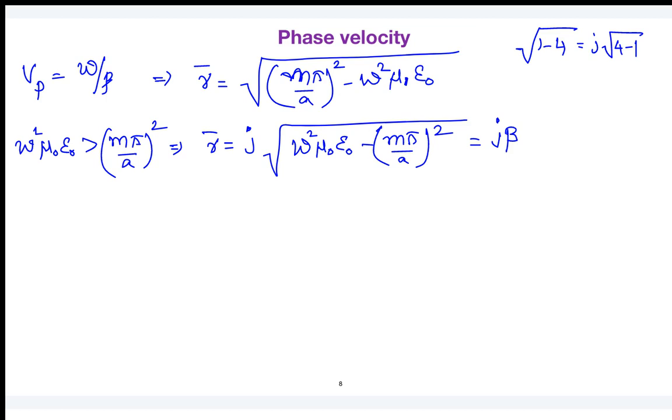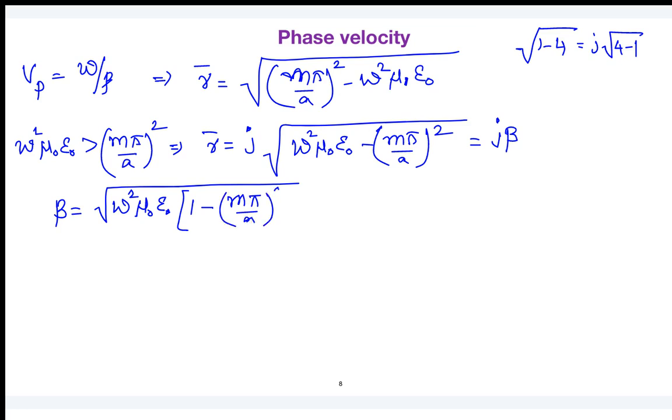So the propagation constant here you are getting is equal to root over, taking omega square mu naught epsilon naught common, 1 minus (m pi by a) whole square into 1 over omega square mu naught epsilon naught.